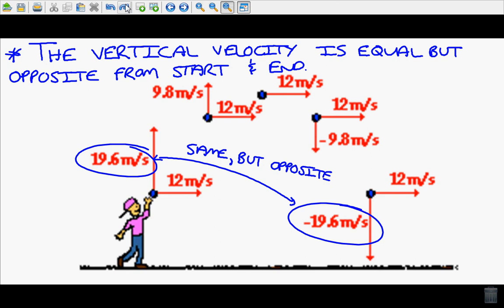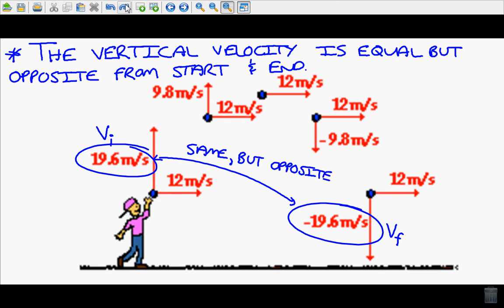And if we were to set up this problem in all the vertical and horizontal components, then what we would say is that the vertical initial velocity is 19.6 meters per second, and the vertical final velocity is negative 19.6 meters per second. So basically the starting vertical velocity is the same as the ending vertical velocity.